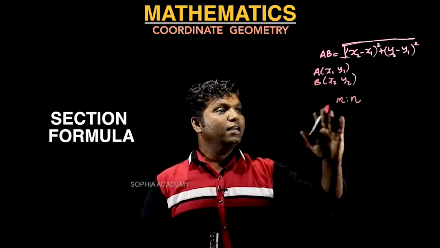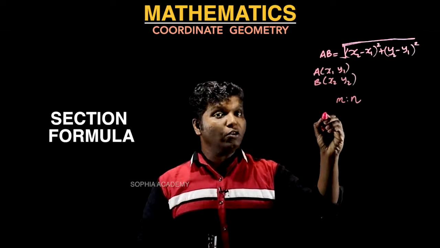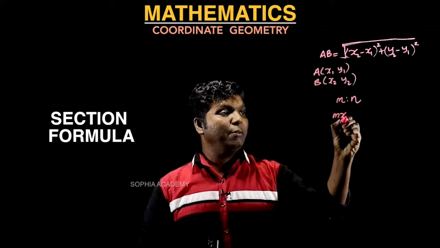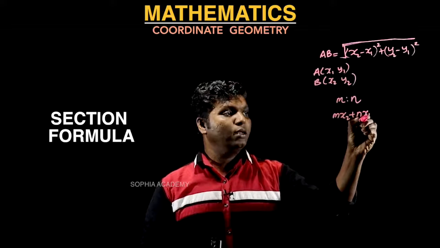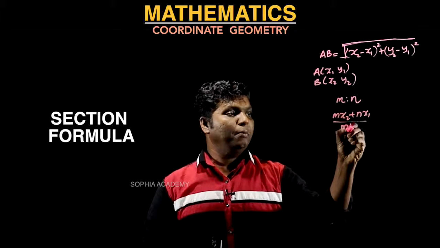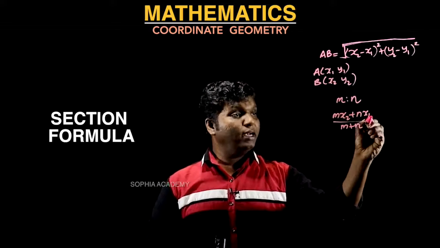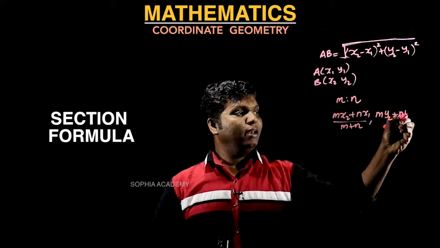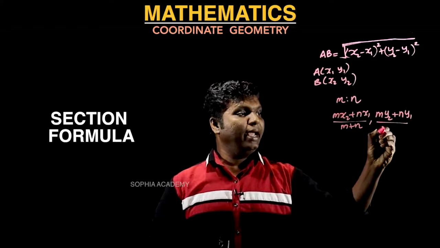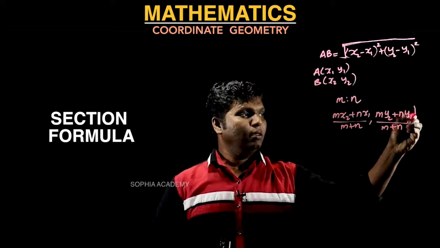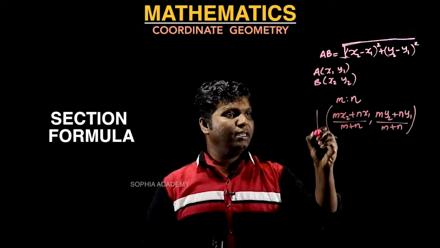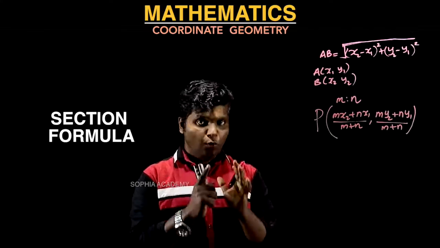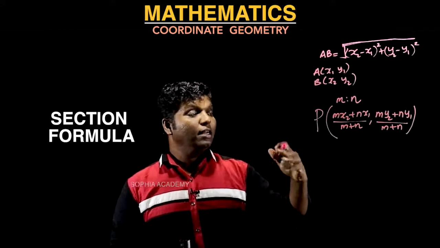So if the ratio is m is to n, the x-coordinate of P can be found using mx2 plus nx1 divided by m plus n, and the y-coordinate can be found as my2 plus ny1 divided by the same m plus n. This will be the point P, with the x-coordinate and the y-coordinate formulas. Is that clear?